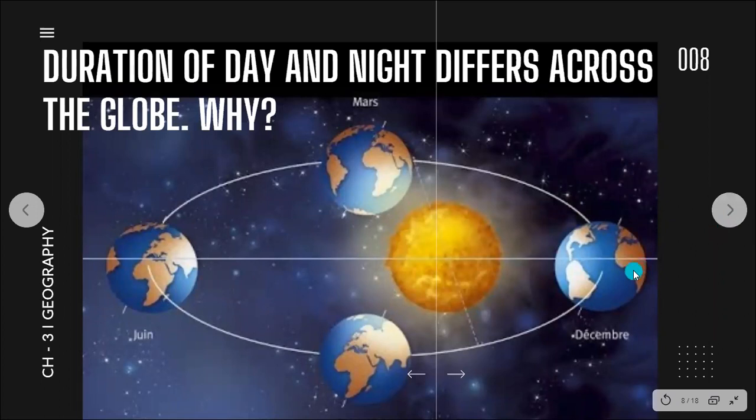Now, students, when I say that the duration of day and night differs across the globe, why? This is because the earth is tilted at an angle of 23.5 degrees on its axis. So what happens is, at any given point, either the northern hemisphere will experience more sunlight or the southern hemisphere.